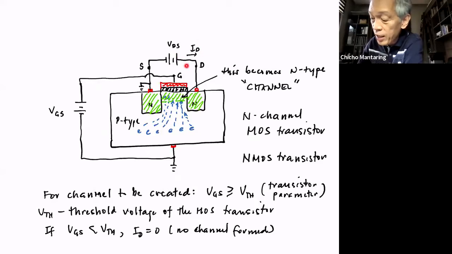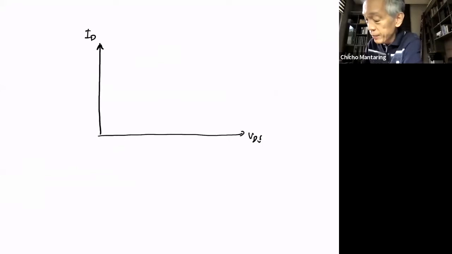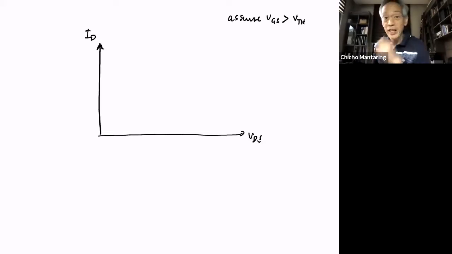This is I of D, the current that flows into the drain. As I increase VDS, how will this ID increase? Assume VGS is greater than the threshold voltage VTH. Okay, so this is related also to the previous question.